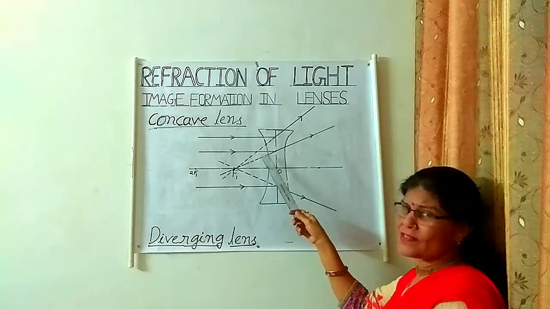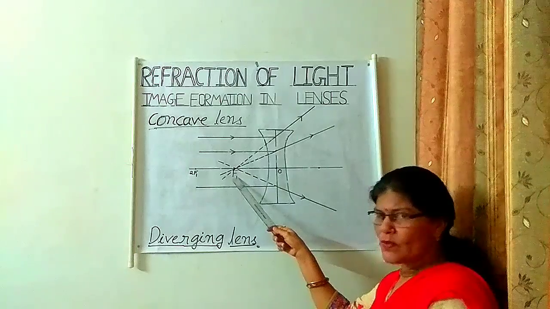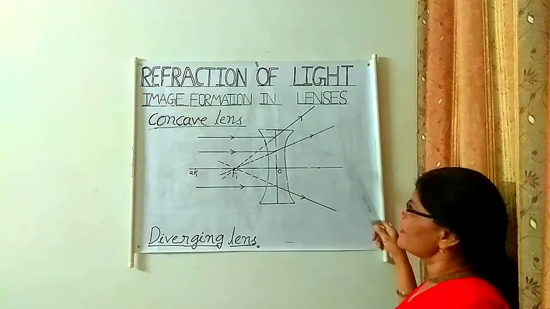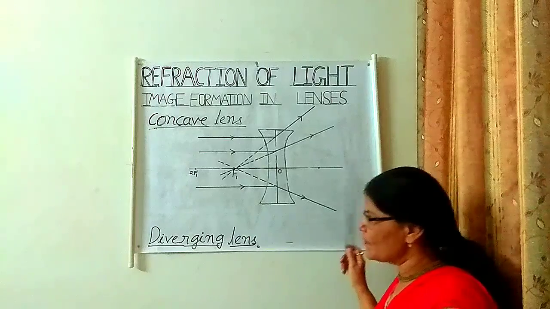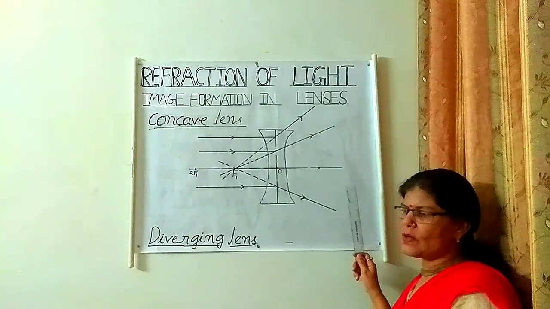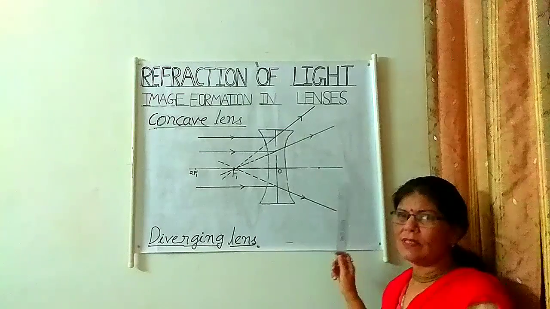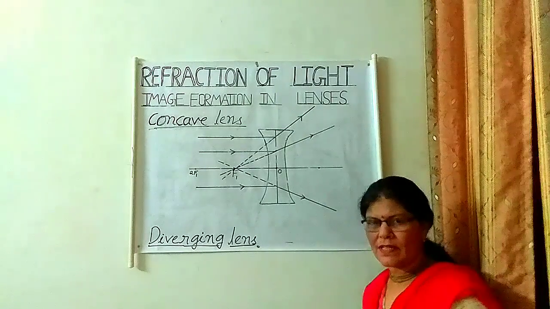So all these incident rays are diverging from the principal focus of the concave lens. So this lens is called a diverging lens. So children, this is all about the converging and diverging lens.